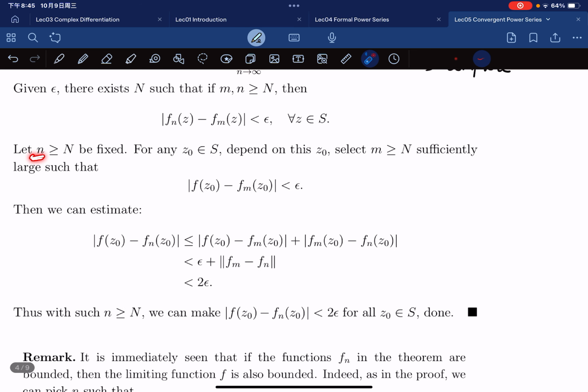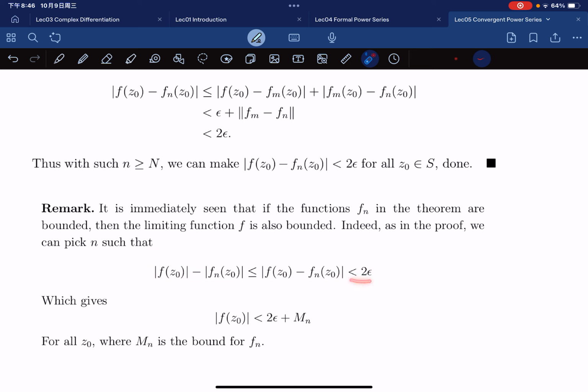So here's a remark. Immediately we see that if the functions are bounded, then the limiting function f is also bounded, right? Because as in the proof, we can pick an n such that this is less than 2 epsilon. This inequality here is by the triangle inequality.